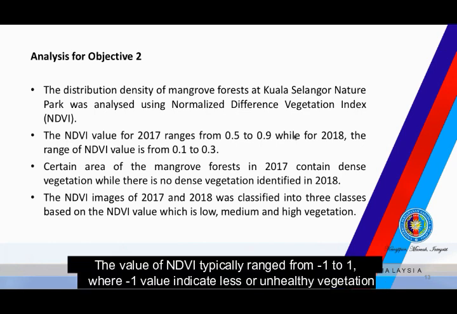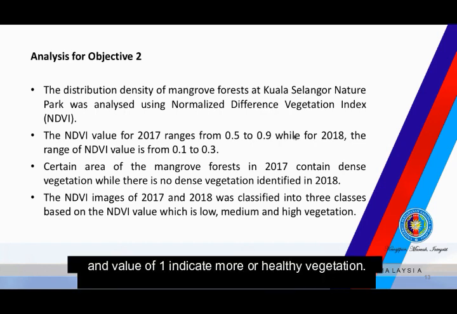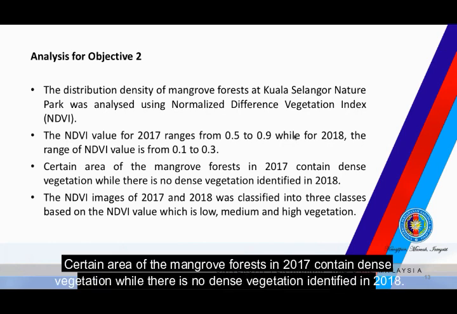The value of NDVI typically ranges from -1 to 1, where a value of -1 indicates less or unhealthy vegetation, and a value of 1 indicates more or healthy vegetation. Certain areas of the mangrove forest in 2017 contain dense vegetation, while there is no dense vegetation identified in 2018.